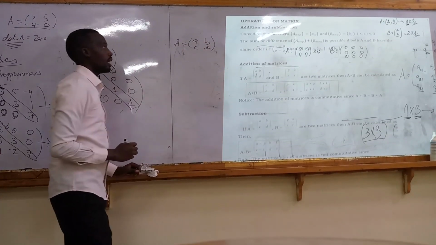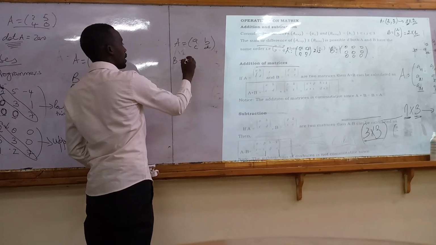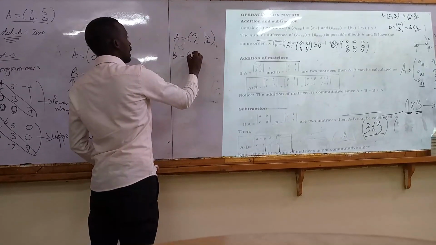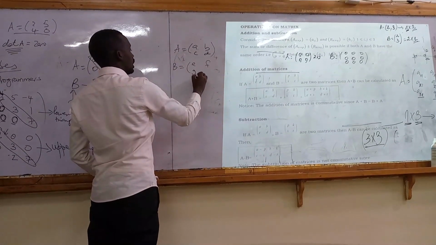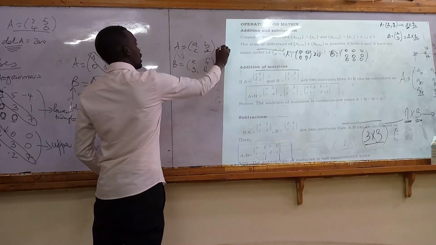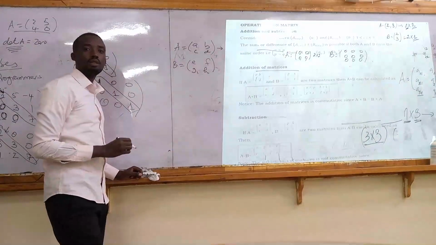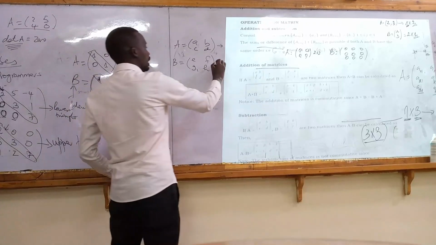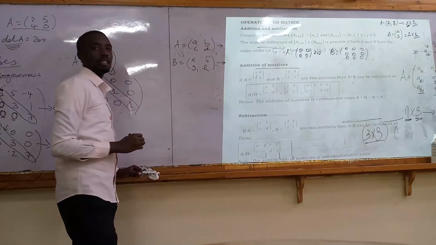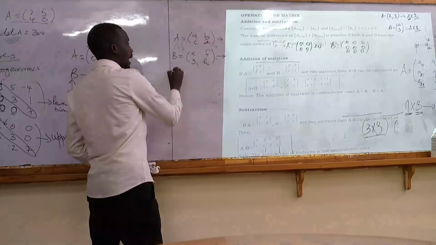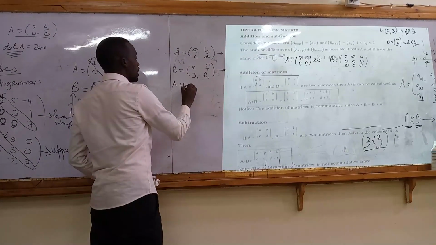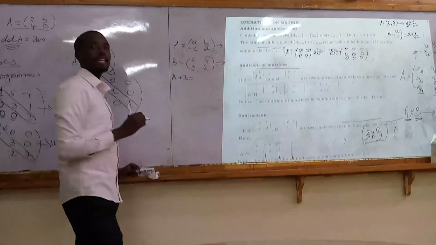This is a matrix A. When we have a matrix B as e, f, g, h, this one is a 2 by 2 matrix. It has 2 rows and 2 columns. This is also a 2 by 2 matrix. But when you take A plus B, we are going to get another matrix.